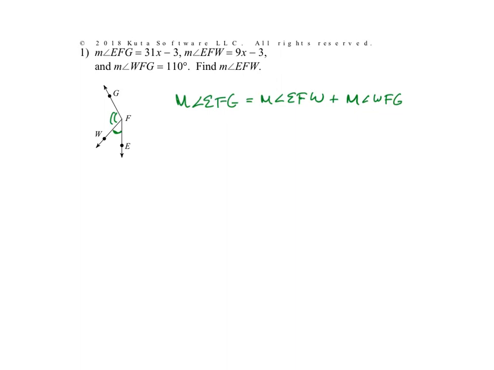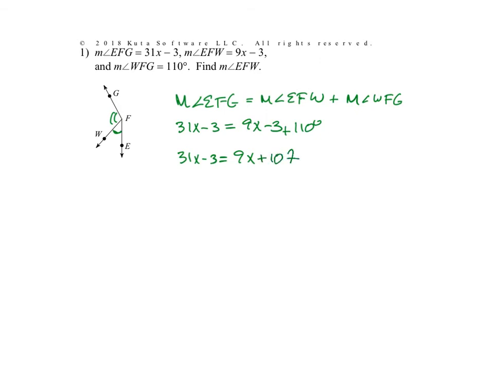So I'm just going to substitute the information. 31x minus 3 equals EFW, which is 9x minus 3, plus WFG, which is 110, right? Because I need to find x so I can find EFW. So I'm just solving this equation. 31x minus 3 equals 9x plus 107.